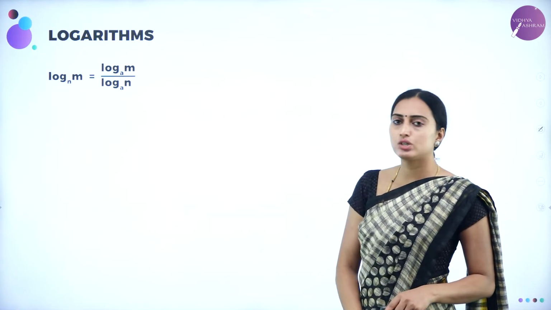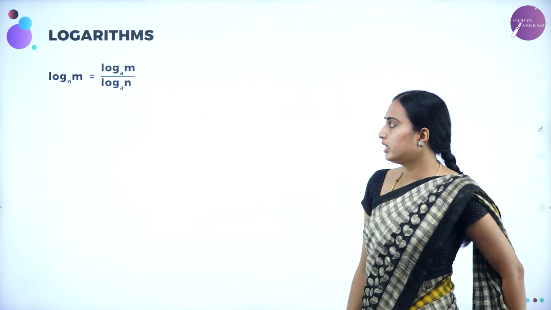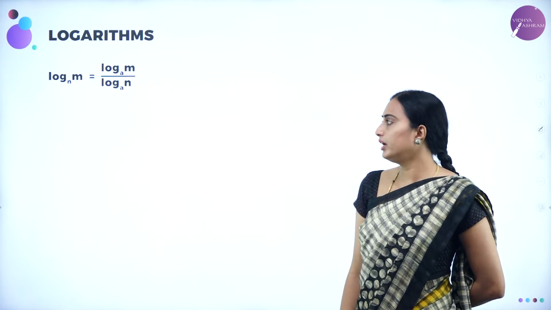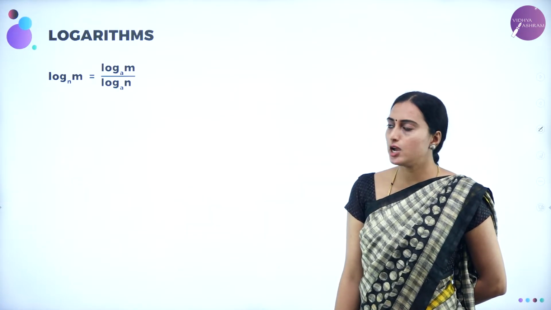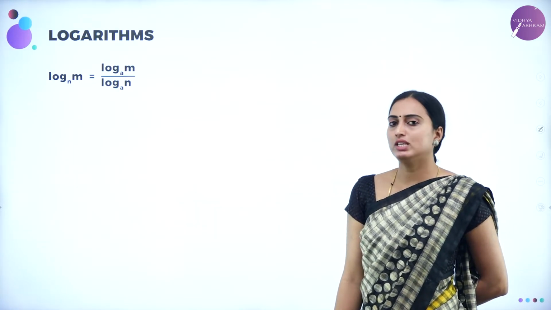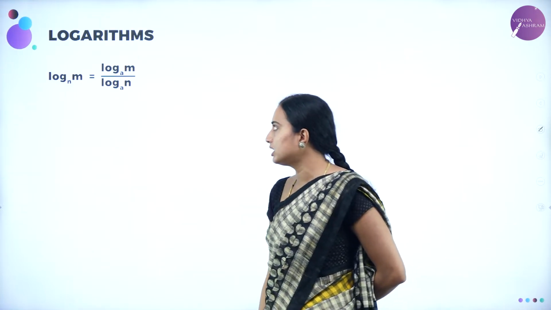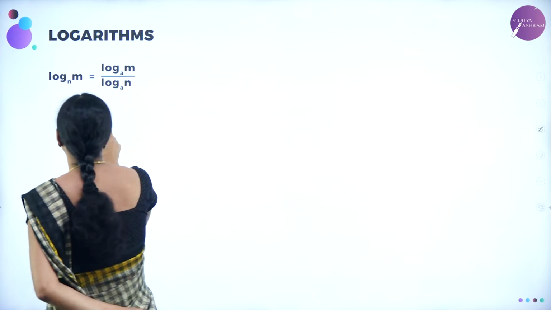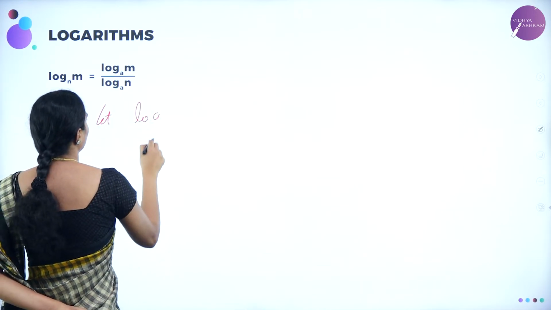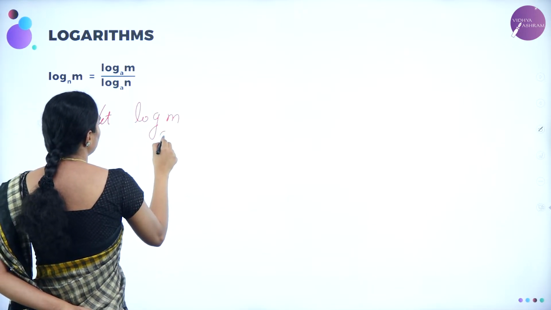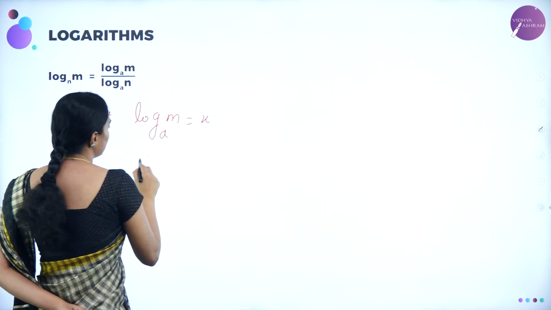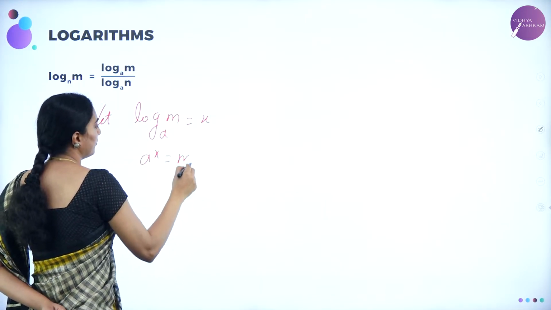We'll move on to the next, which is log m to base n can be written as log m to base a divided by log n to base a. So, same, try to prove this one by taking, let log m to base a is equal to x, which is a power x can be written as m.